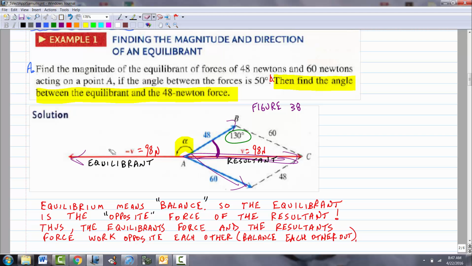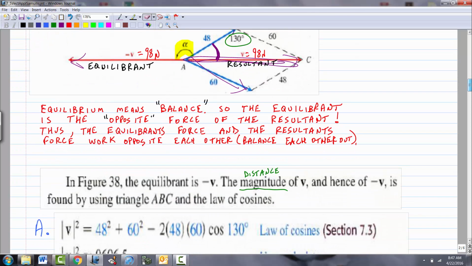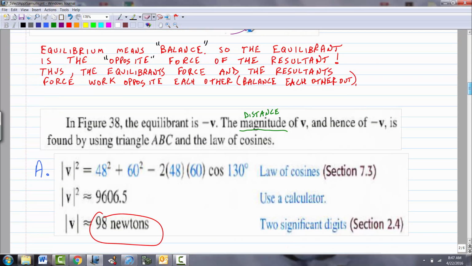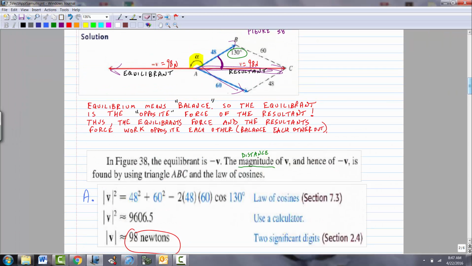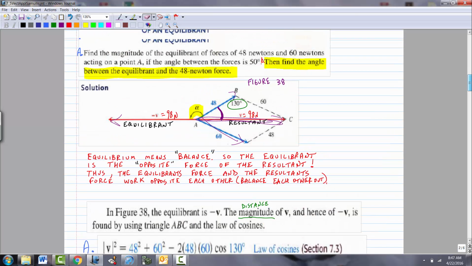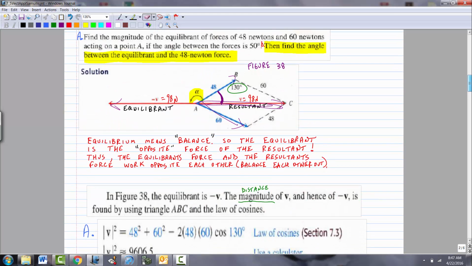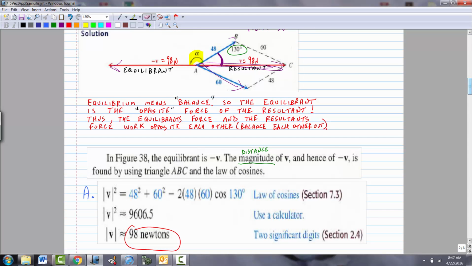By the way, we got the answer. I found it. Actually, I just cut out what the book said. It's right here. To find that equilibrant, the force between them is 50. So yet again, if this is 50, then I use 130 because 130 is opposite the resultant.